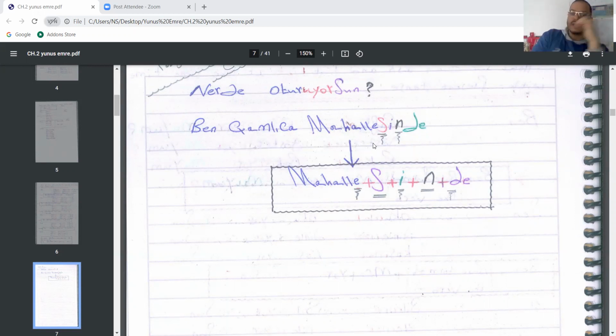And after that, to say in this street, I must put N after this vowel letter, this delta, and then write de or da, to say in this Çamlıca Street, like that. Mahallesinde, Çamlıca mahallesinde or Atatürk mahallesinde, okay?